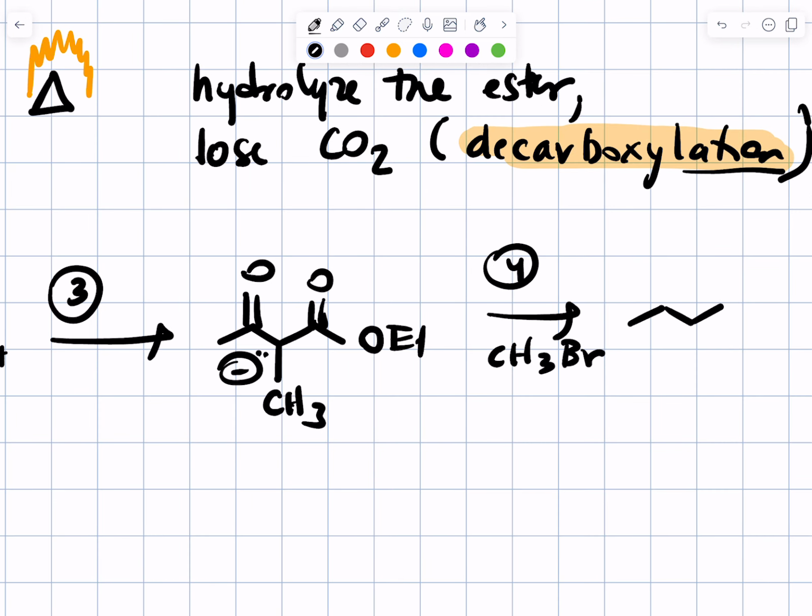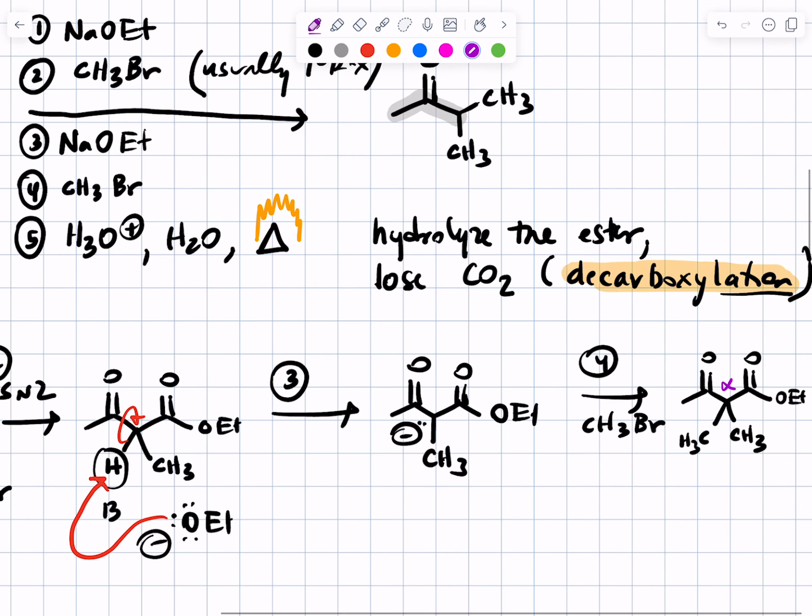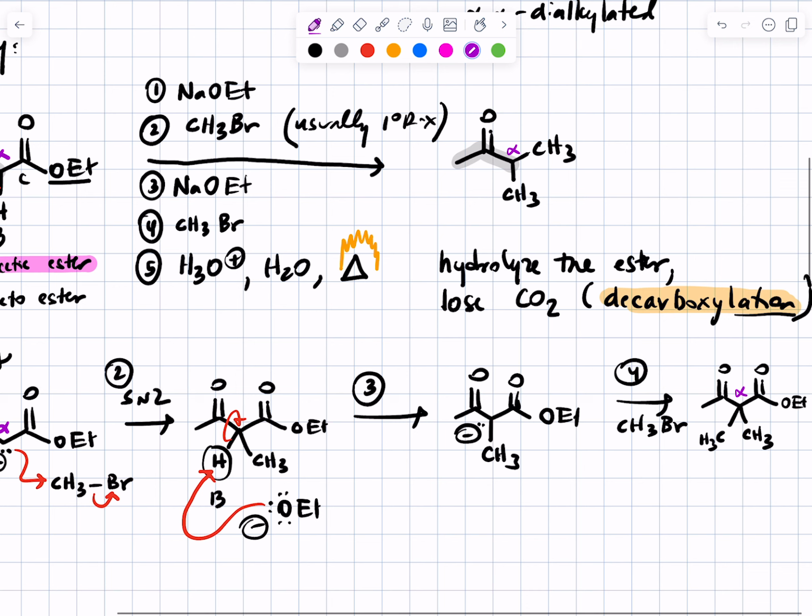Doing that will give us the dialkylated beta keto ester, in which there are now 2 methyl groups on that alpha carbon. And following along, this alpha carbon here in our desired product is the same as this alpha carbon here. But as I've tried to tell you, the ester carbon doesn't end up in the final product. We lose it after step 5.